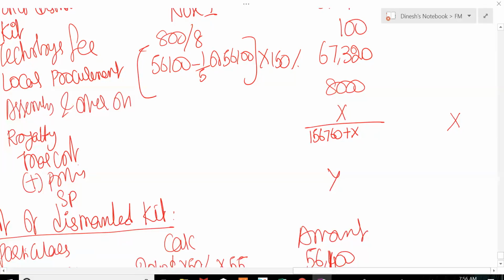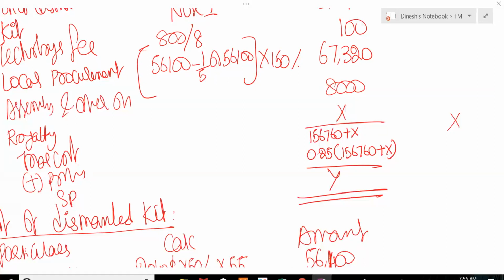So my profit margin is... we'll try to form two equations and then we'll get the answer to X and Y. X is the royalty, Y is the selling price.